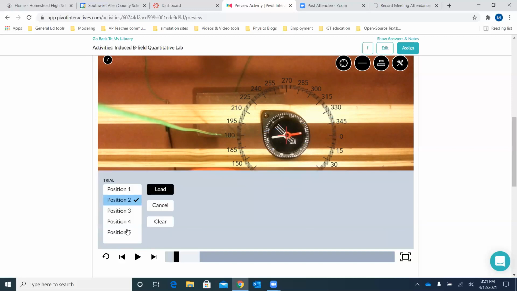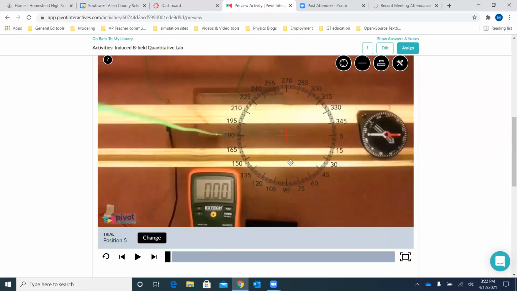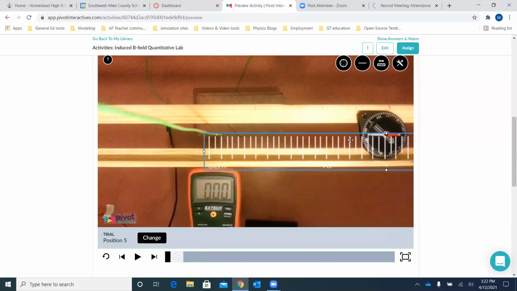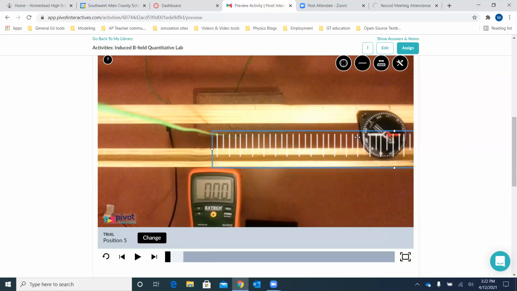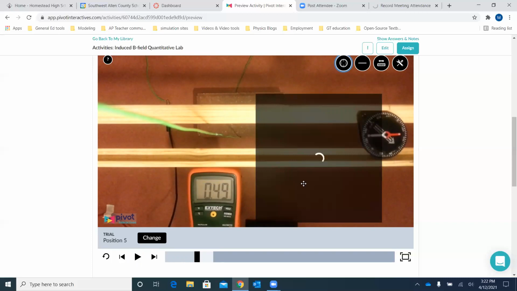So let me change it. I'll go all the way up to 5, hit load. And so let me get rid of this, hit the measuring tool. And so I can put this on here, measure how far all the way out to the center. I can hit play, and there's 0.49. Put my compass protractor on here.